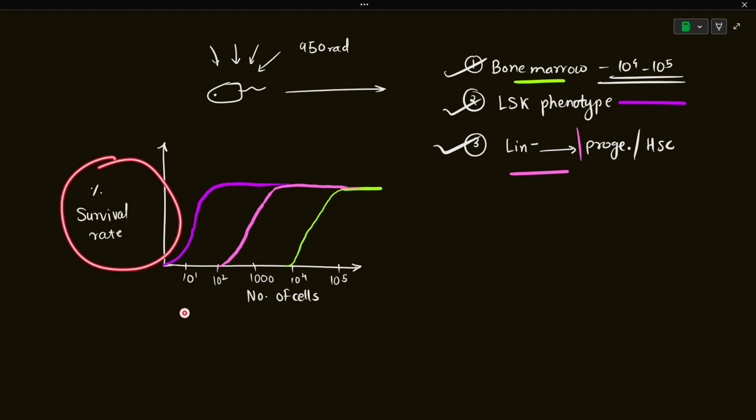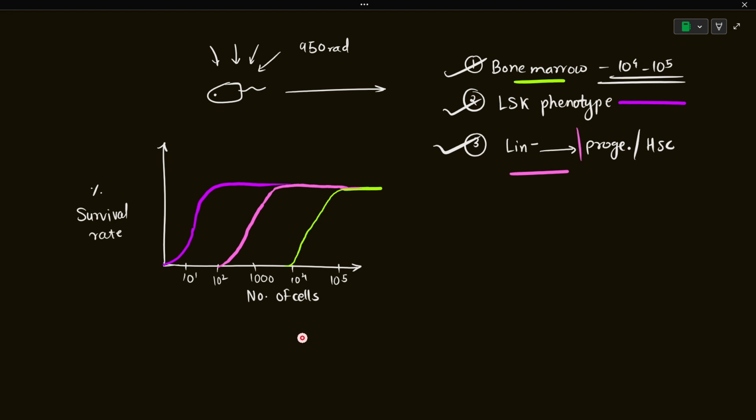These are the least matured, totally undifferentiated cells, those are somewhat differentiated cells, and these are fully differentiated cells. As the differentiation of the cell increases, the number of cells required to ensure the survival of the mouse also increases, right? So with this, I'm done with the hematopoietic stem cells and hematopoiesis.